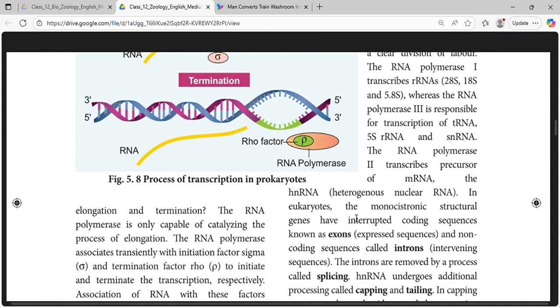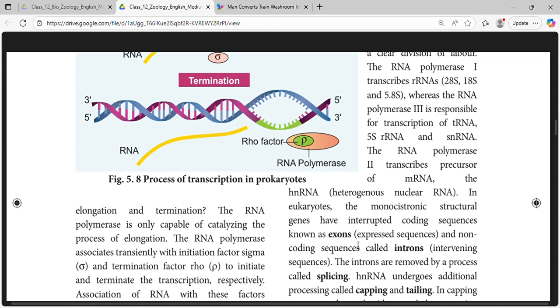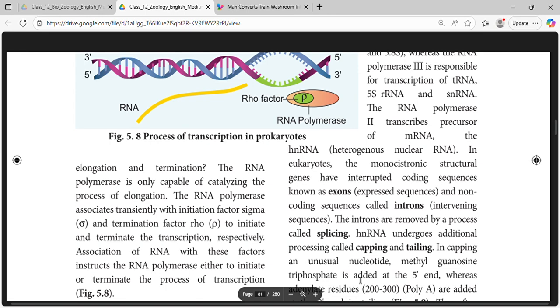In eukaryotes, the monocistronic structural genes have interrupted coding sequences called exons, expressed sequences, and non-coding sequences called introns, intervening sequences. The introns are removed by a process called splicing. hnRNA undergoes additional processing called capping and tailing.